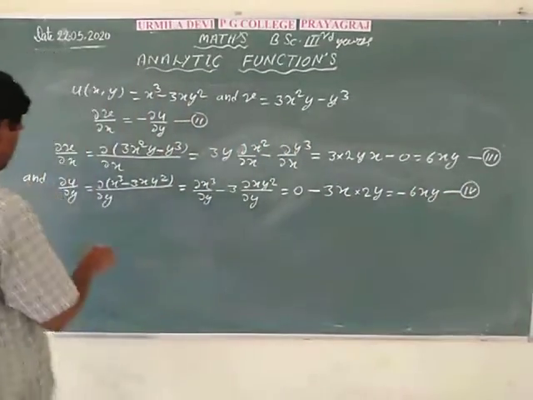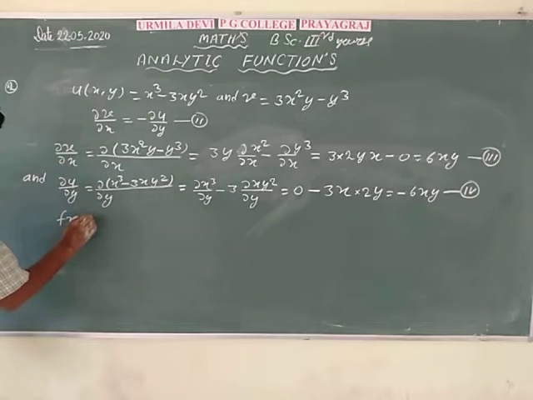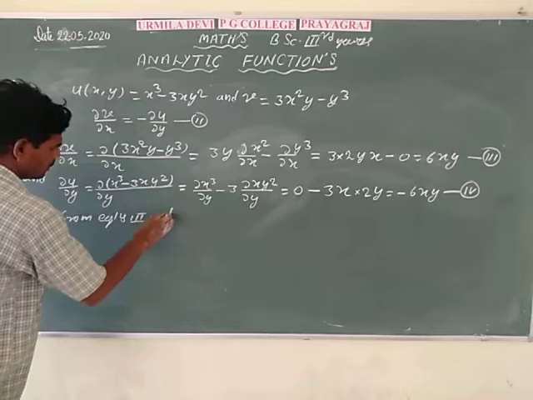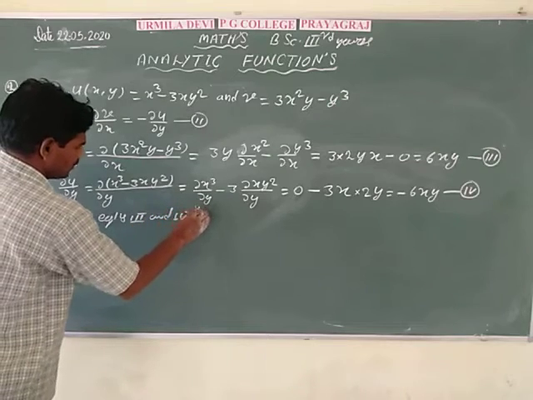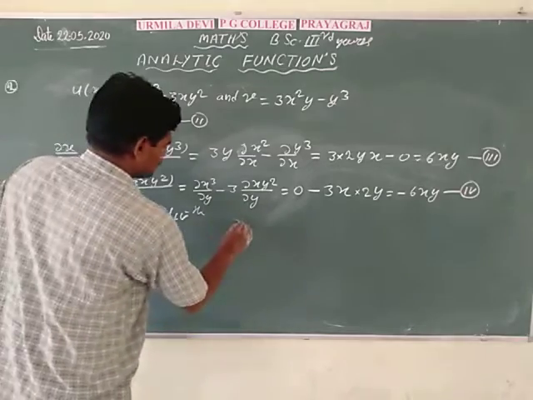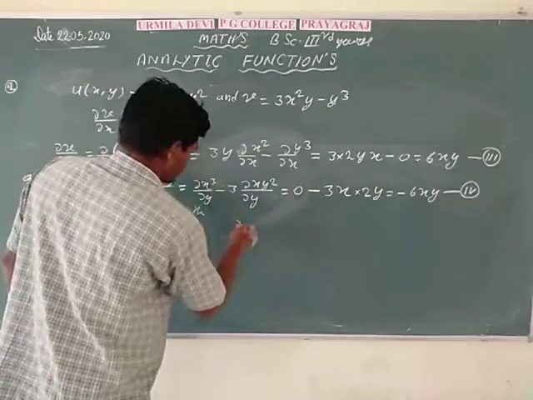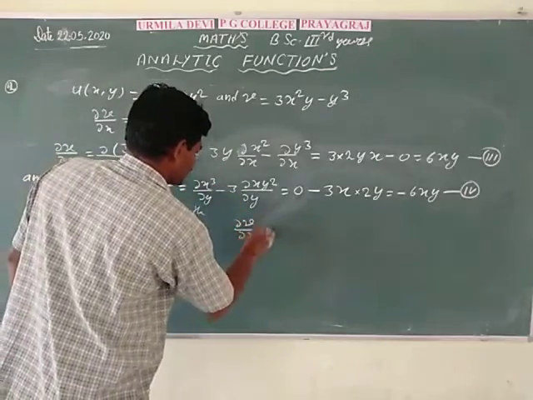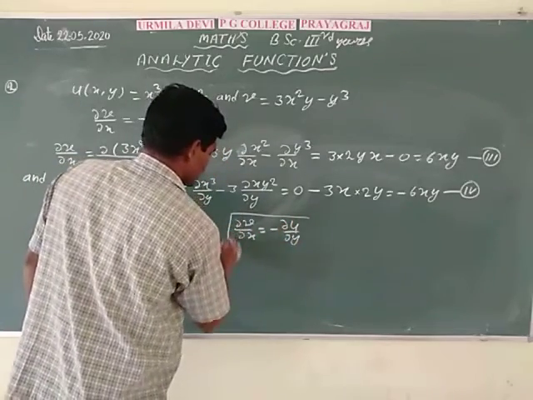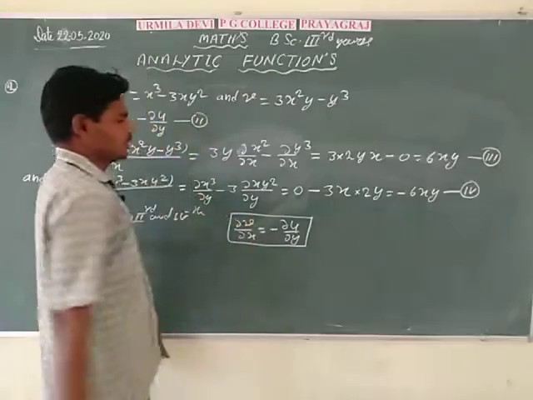From equations 3 and 4, it is clear that del v by del x is equal to minus del u by del y, which is the second equation of the CR.